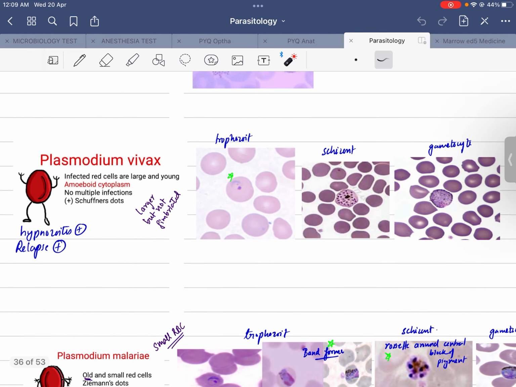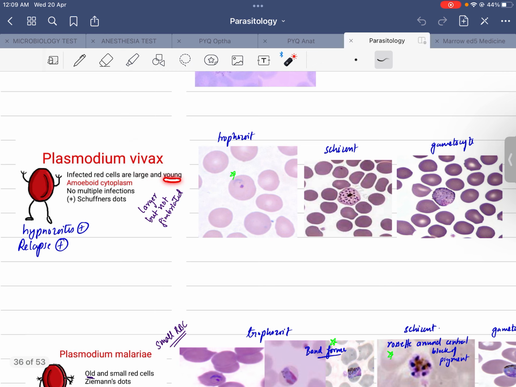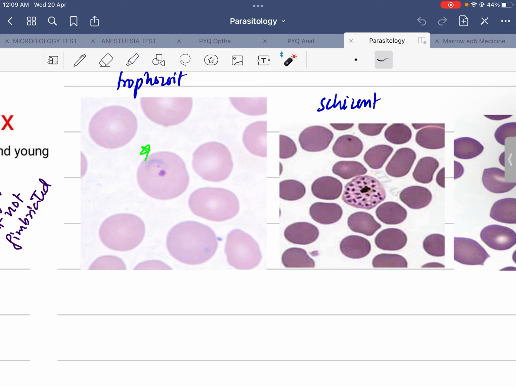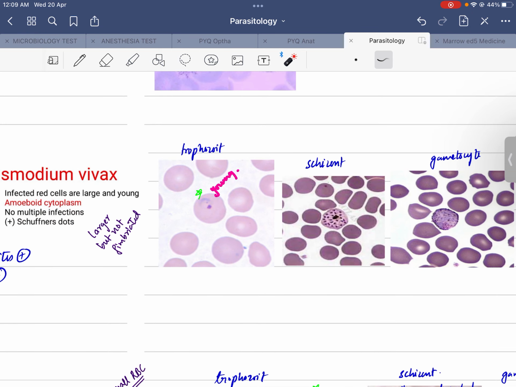How to identify vivax? Vivax also infects young RBCs, but it does not have fimbriae. I can see a large RBC, so it is young, right? If there's a large RBC, that means it's a young RBC. I know this RBC is young, but there is no fimbriae, so that means it is vivax.